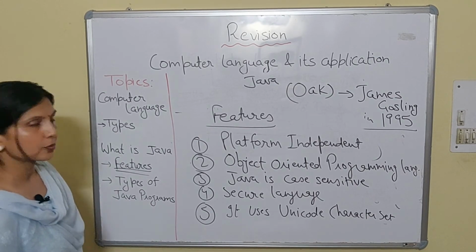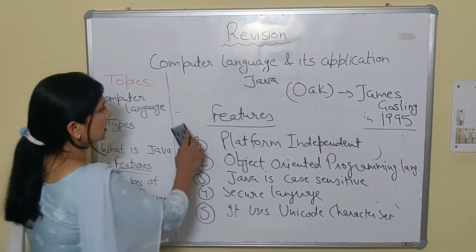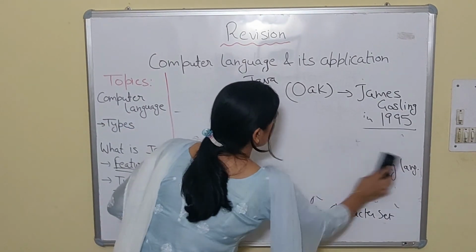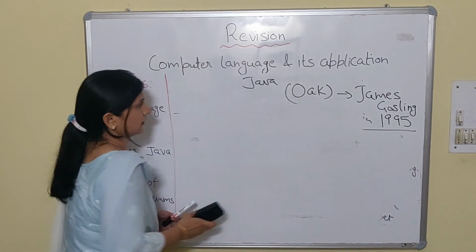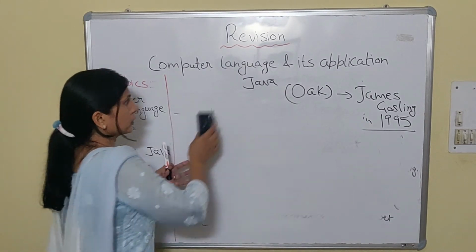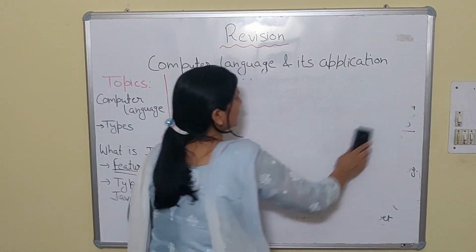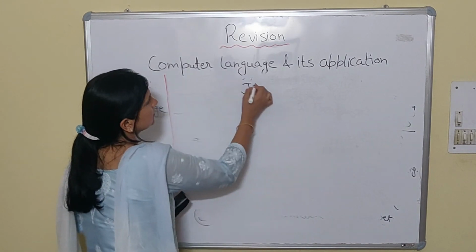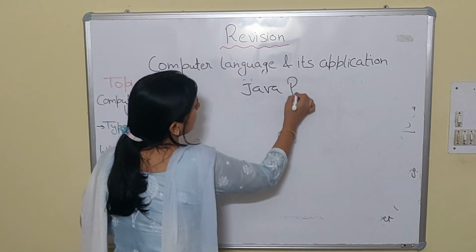Now, last topic is type of Java program. Now, how many types of Java programs are there? I hope you remember there are two types of Java programs. Which one?